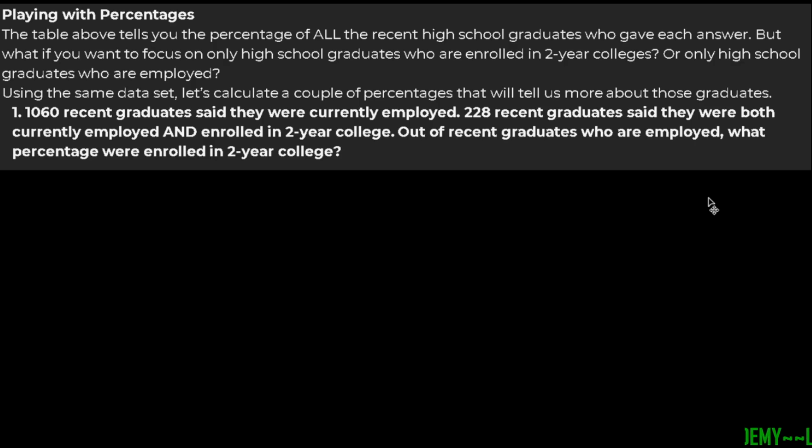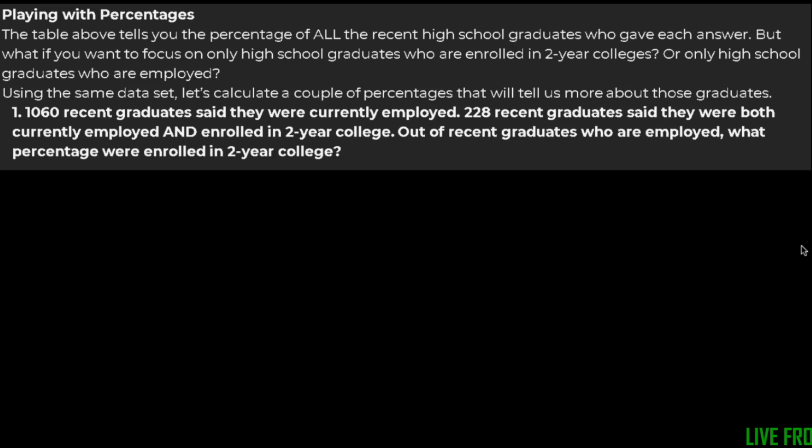Moving on to the next part, it says playing with those percentages. So it says the table above tells you the percentage of all the recent high school graduates who gave each answer. But what if you want to focus on only high school graduates who enrolled in two-year colleges, or only high school graduates who are employed?